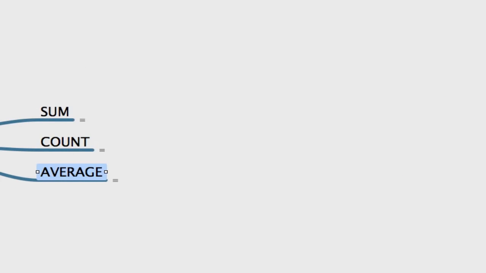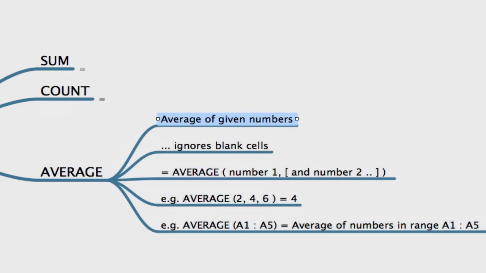Finally, let's take a look at AVERAGE. The AVERAGE function takes the average of your given set of numbers, but it ignores blank cells, and we'll see what this means a bit later in our example spreadsheet. AVERAGE you can use by going equals AVERAGE, open bracket, number 1, number 2, and so on, close bracket.